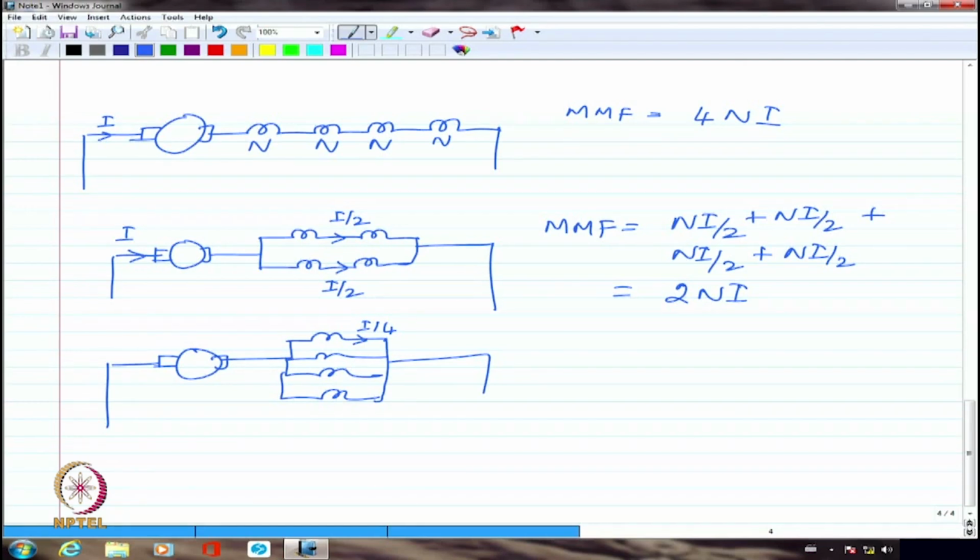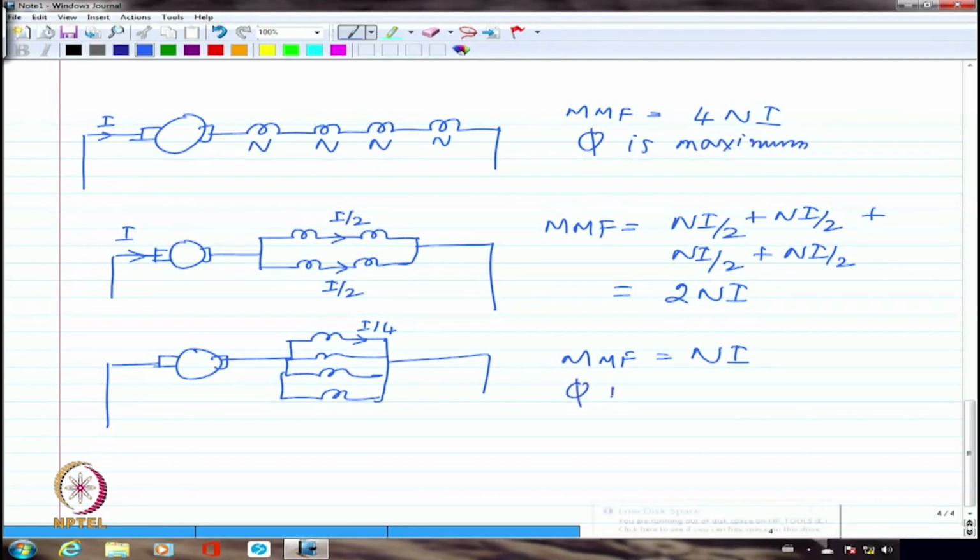So the MMF in this case is just NI. So out of the 3 connections, in the first flux is maximum, and in this last one, flux is minimum, because the MMF is also minimum.